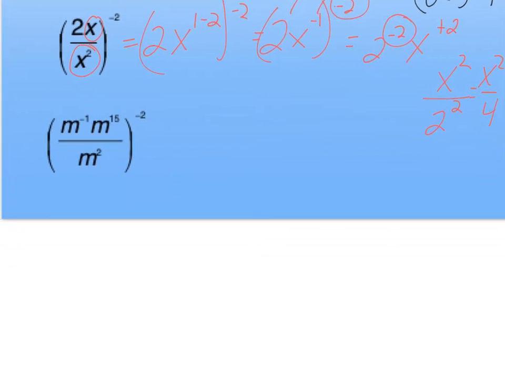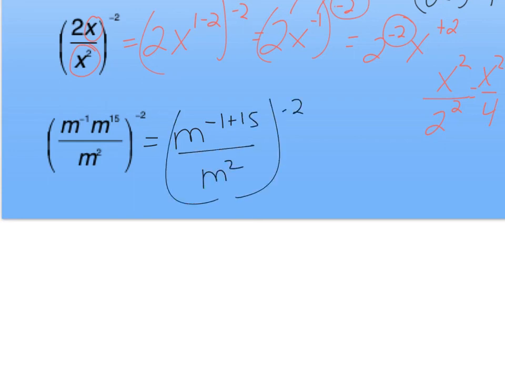Let me move this up a bit and we'll do the next problem. Again, I'm going to simplify inside first. So I'm going to make this m to the negative 1 plus 15 over m squared to the negative 2. So this becomes m to the 14th over m squared to the negative 2. Now, this is subtraction.